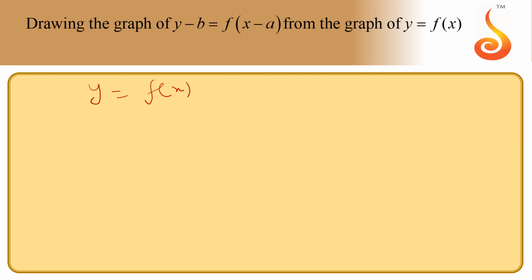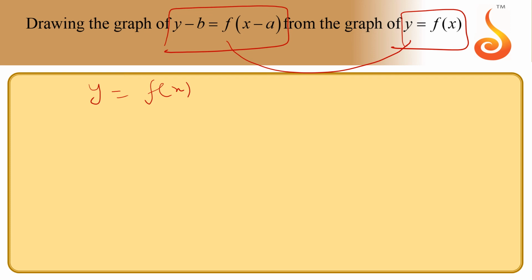When you shift the origin to (a, b), y minus b equals f of x minus a becomes y equals f of x. So you have to shift the graph a units in the positive direction of the x-axis and b units in the positive direction of the y-axis.